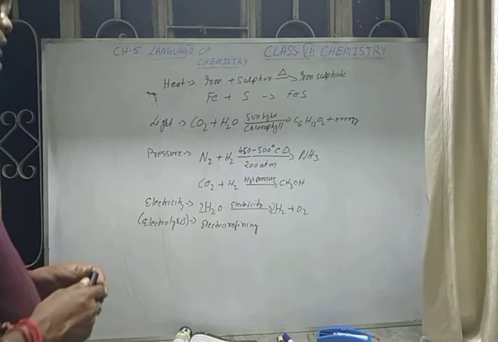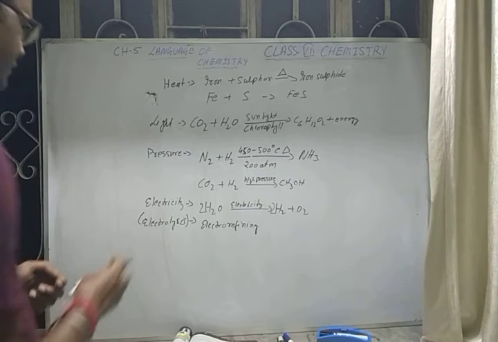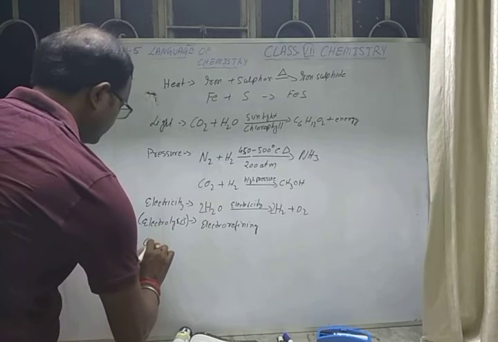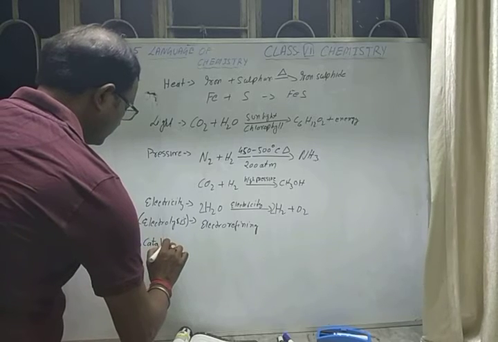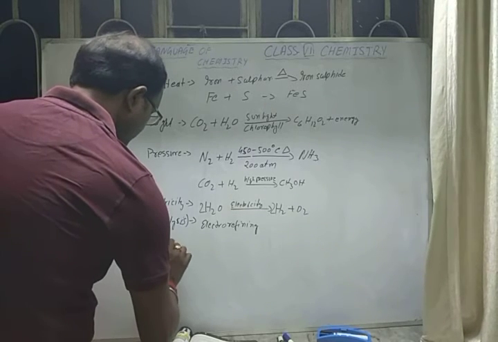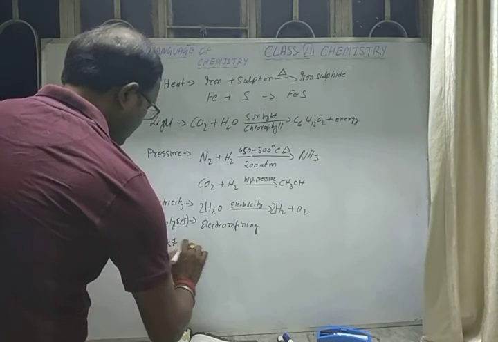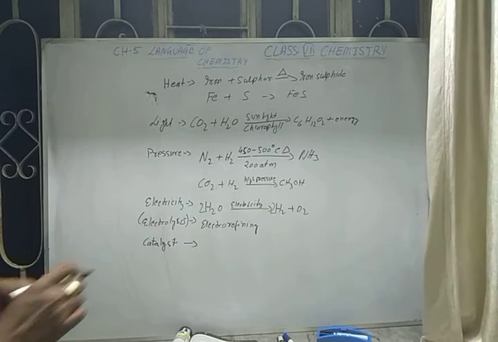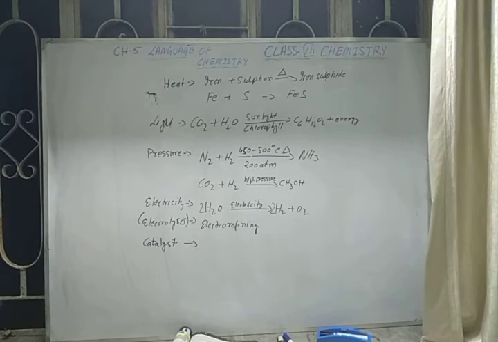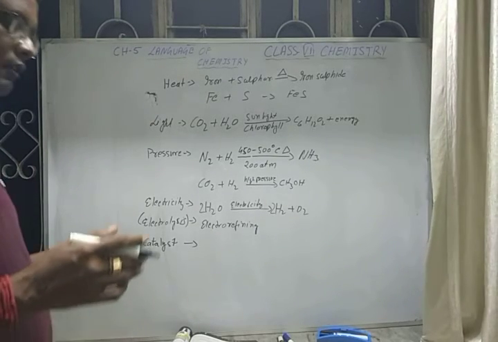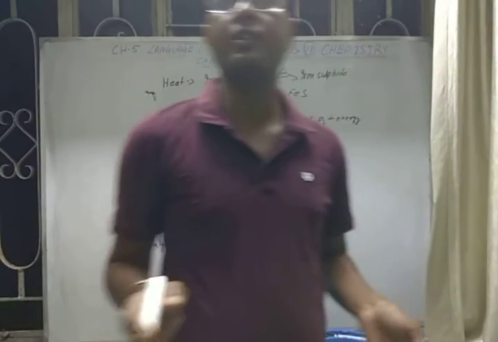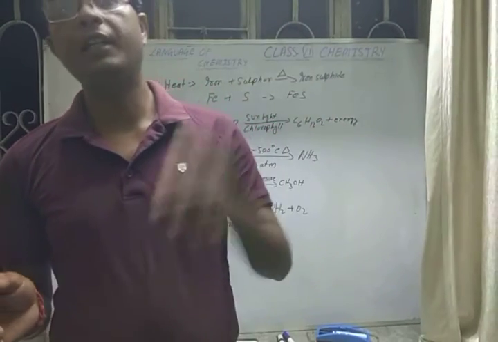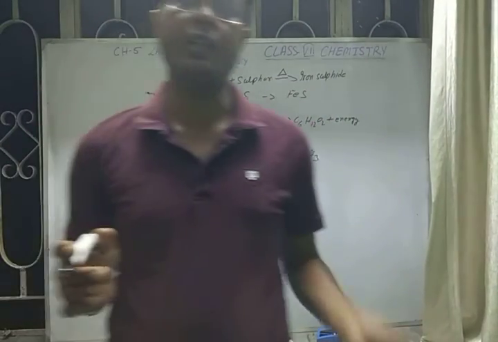After that, the next point is catalysts. What are catalysts? A catalyst means anything that works in a chemical reaction to speed up the reaction or to slow down the reaction.